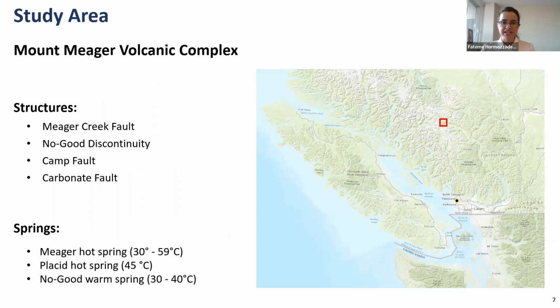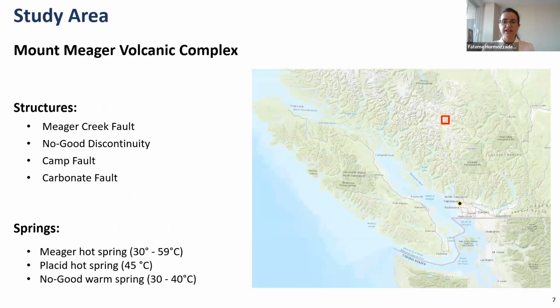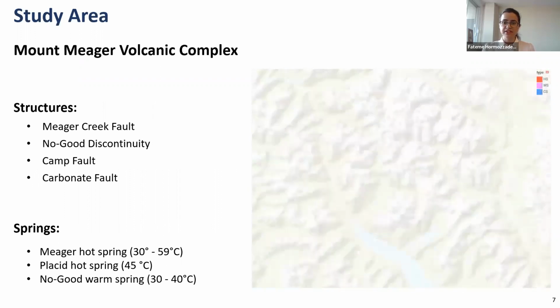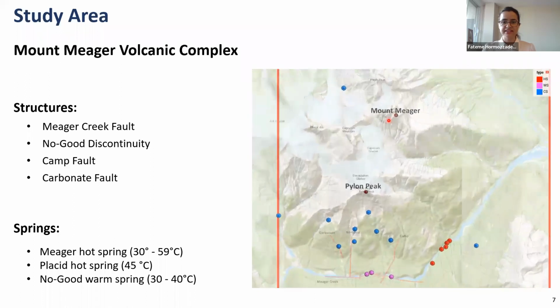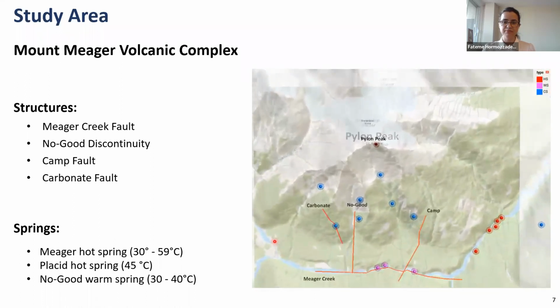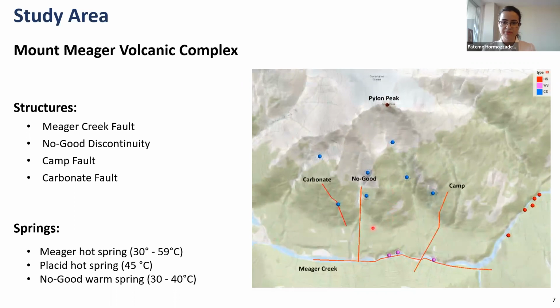So Mount Meager is 150 kilometers north of Vancouver. It is between the Lillooet River in the north of the area and also the Meager Creek. It's been studied over decades, and the south part of it, below Pylon Peak, which has lots of data, is named the South Reservoir.